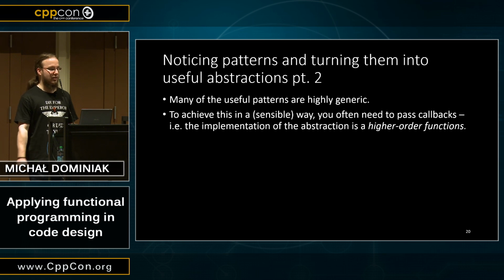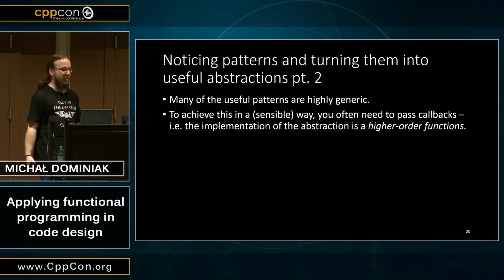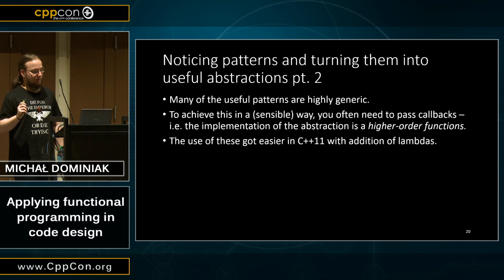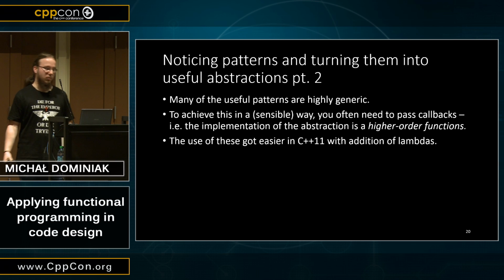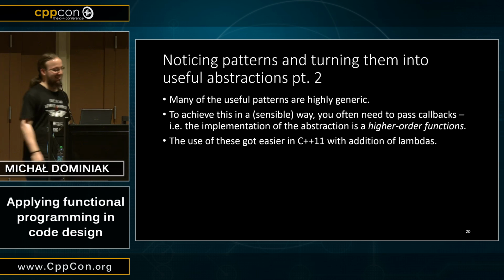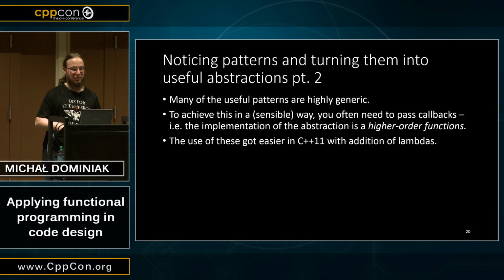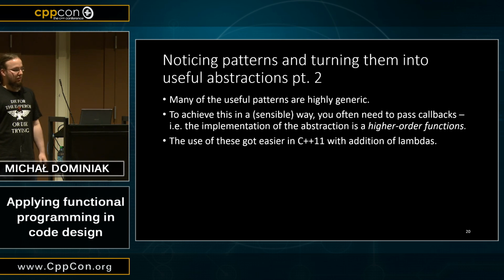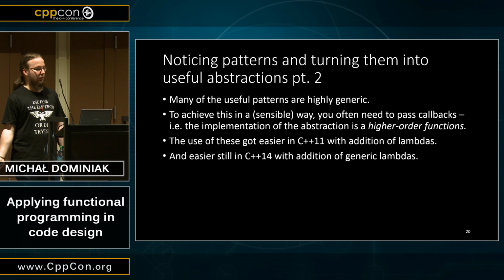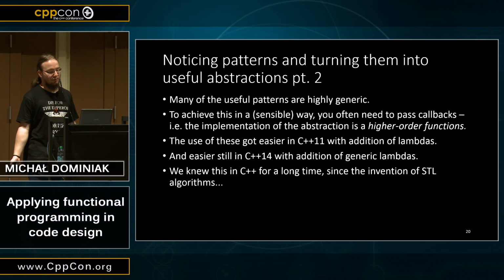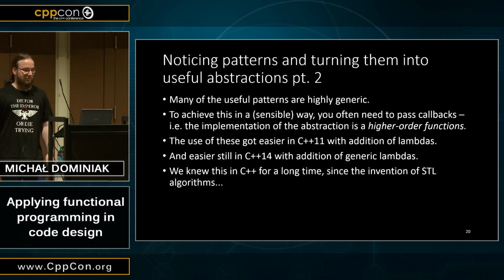So this gives us higher order functions, so functions which take other functions as arguments. And of course we saw that in C++, that was noticed, and we got STL algorithms. And in C++11 it of course got easier with lambdas, and even easier in 14 with generic lambdas. We knew this for a long time.